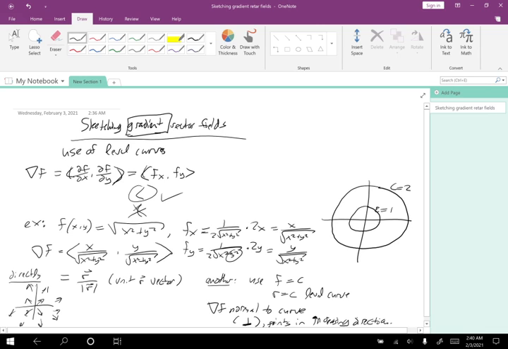So our function is f equals r, so f increases with r. So it points out. Okay, so I could just draw arrows perpendicular to that circle, and that's actually legit.